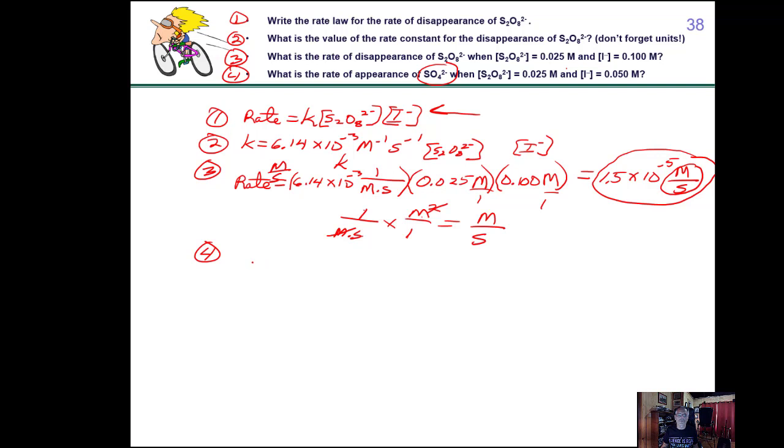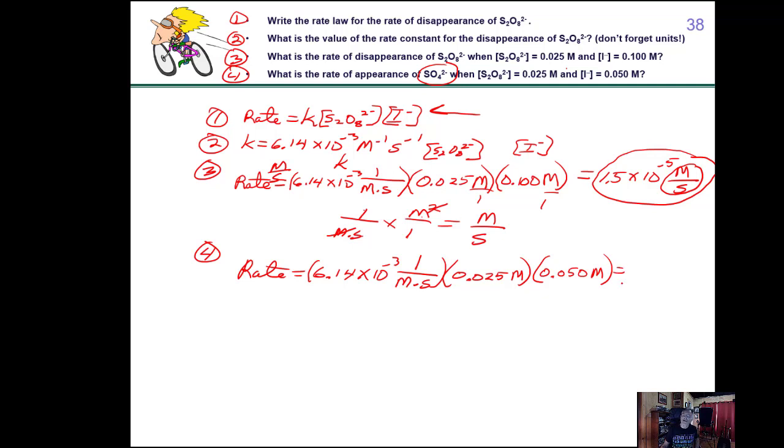That's going to be equal to k from our rate law, 6.14 times 10 to the minus 3, 1 over molarity times seconds, times 0.025 molar times 0.050 molar.